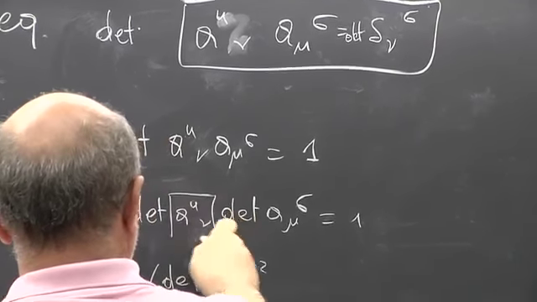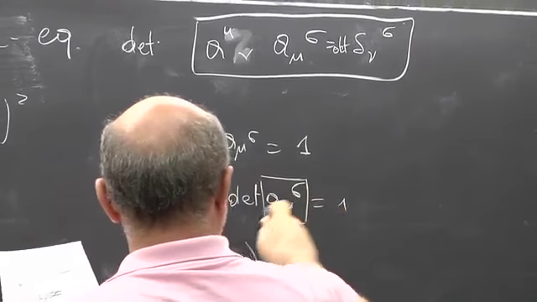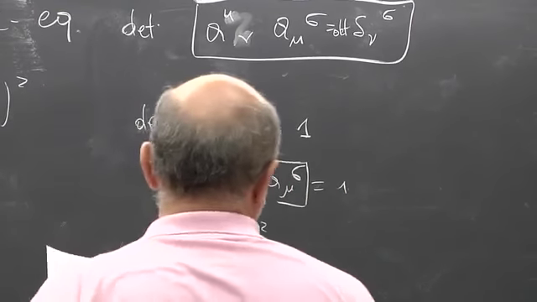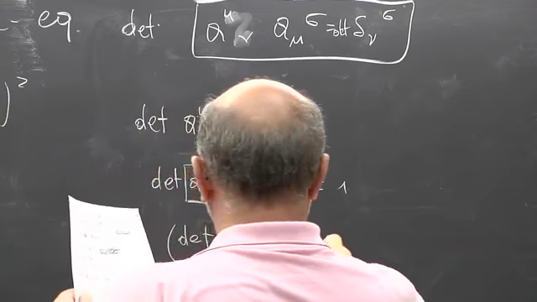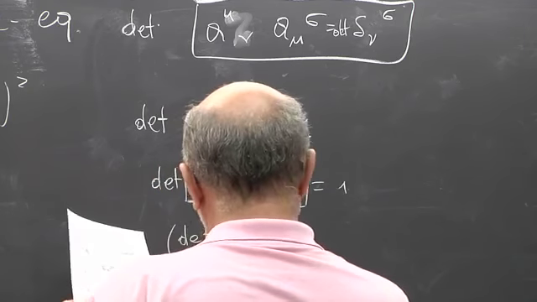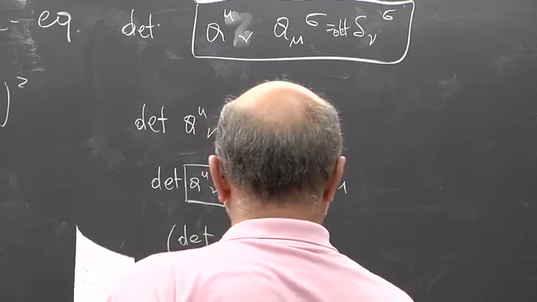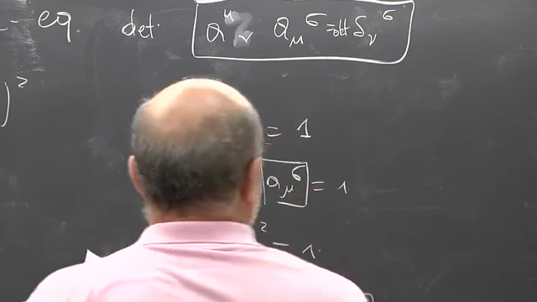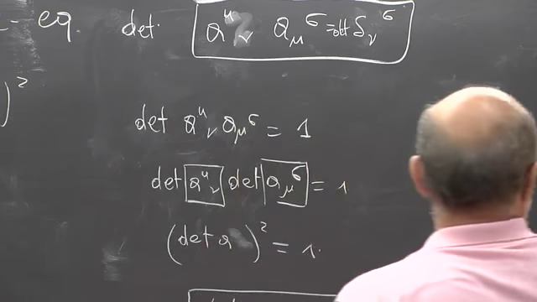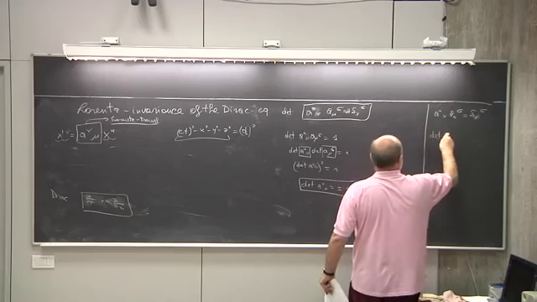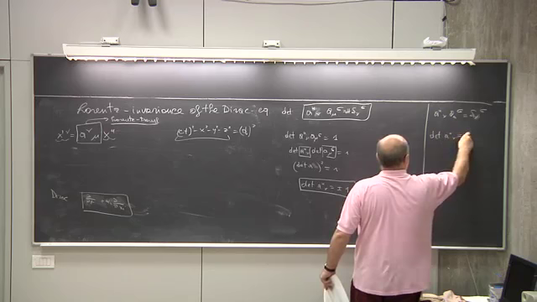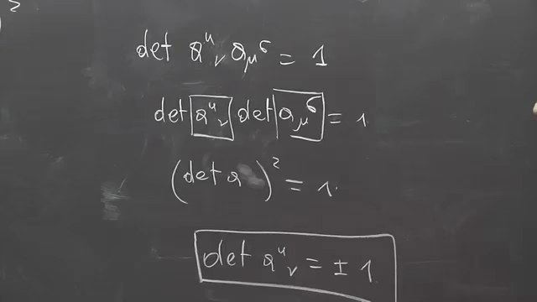It means take this matrix and do the determinant. So the determinant of A squared is equal to 1. It means the determinant of A mu nu is equal to plus or minus 1. So let's write it here. The determinant of A mu nu is equal to plus or minus 1.